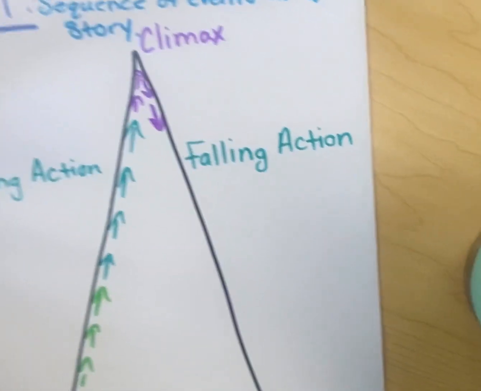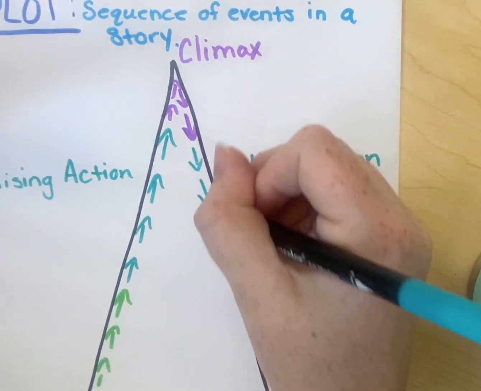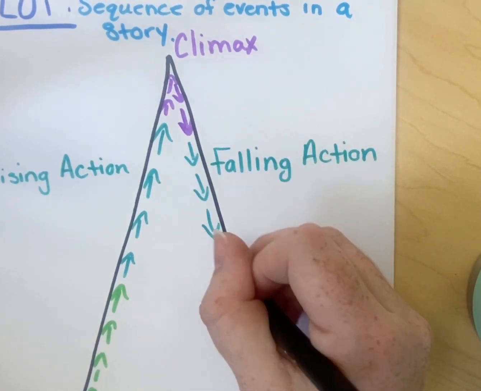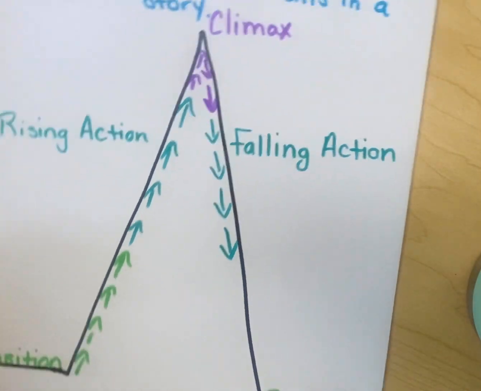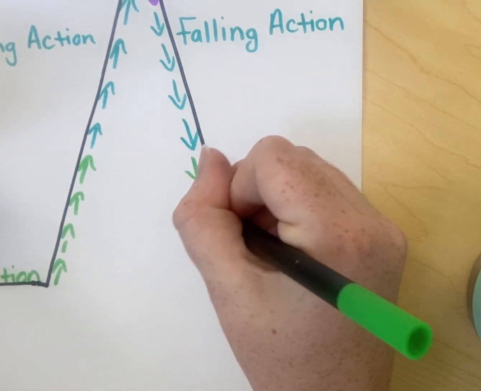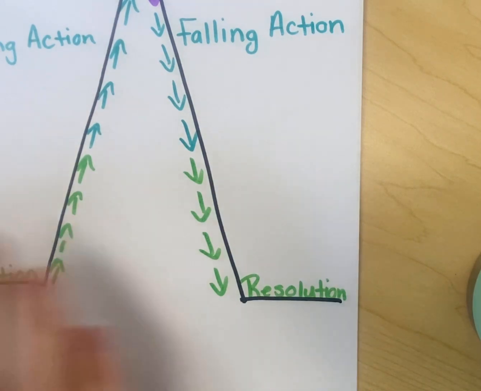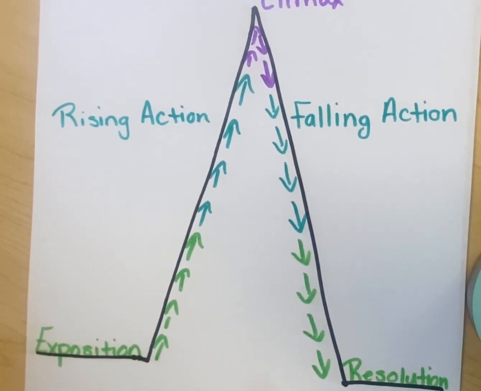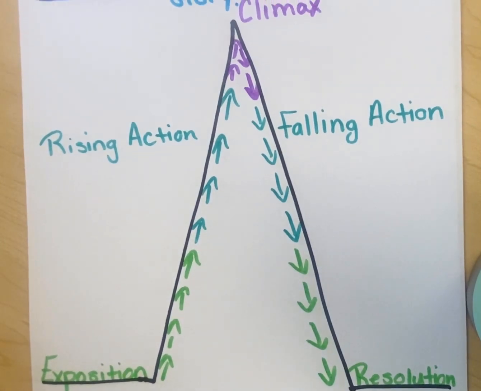Oops, sorry guys. All the way down. And we keep going all the way down until we hit resolution. And that is what our plot diagram needs to look like. I'll try and fit all of this here. All right. If you need to, take a minute, pause.